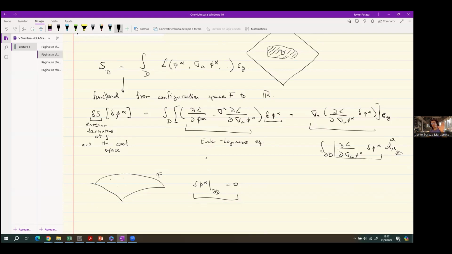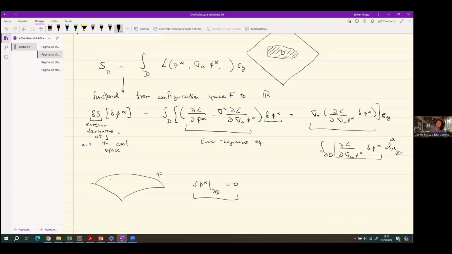So we have to remember that this condition is actually a constraint on the configuration space, because we are considering only those vectors on the tangent bundle whose values at the boundary of D are 0. And on those vectors we ask that the function S has a critical point.